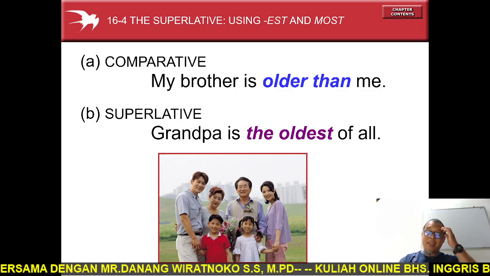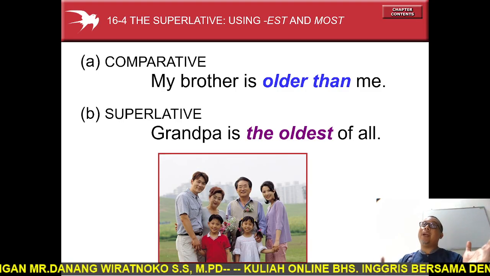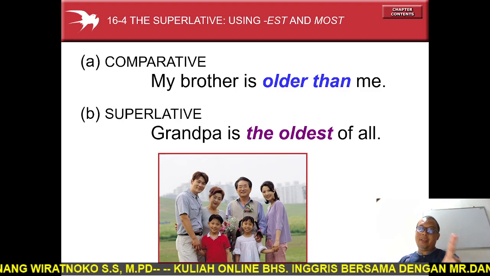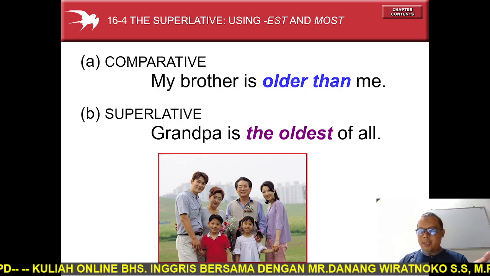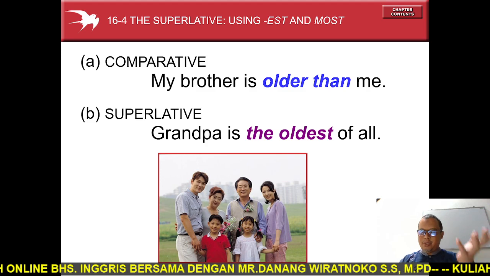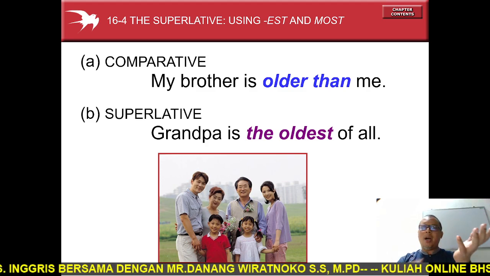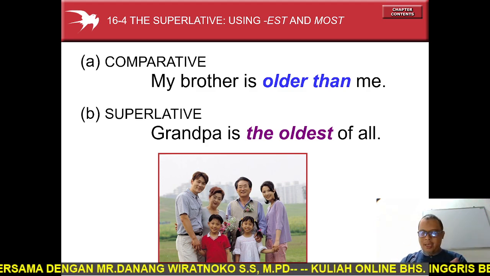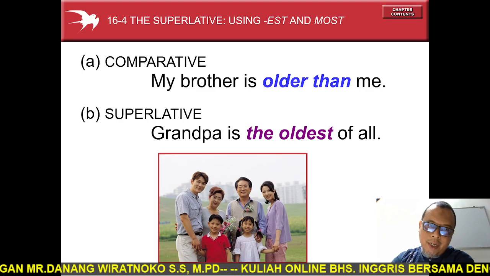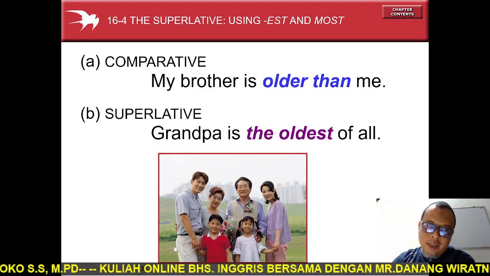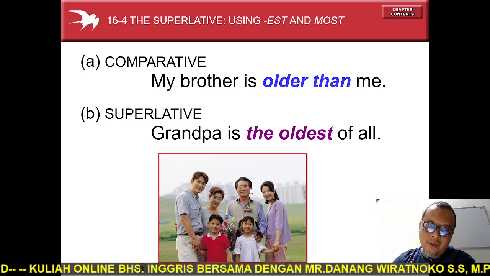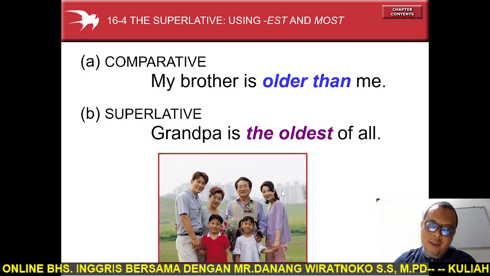Okay, so superlative means comparing. Kalau comparative comparing one object and one object itu comparative. But when it's superlative, there's one object compared to one group. Jadi kalau superlatif itu membandingkan satu orang atau satu benda, satu individu dengan satu kelompok. Nah, so he is the oldest of all.